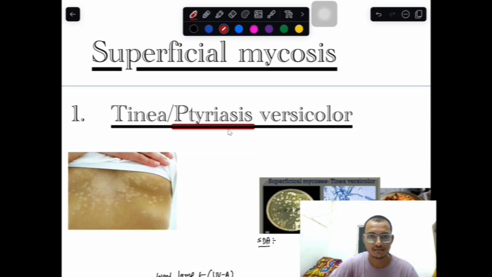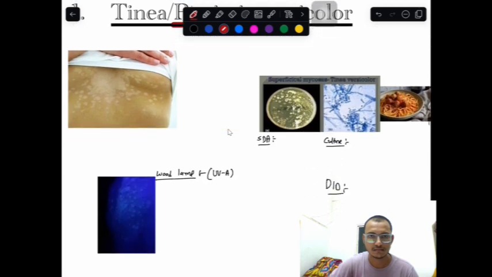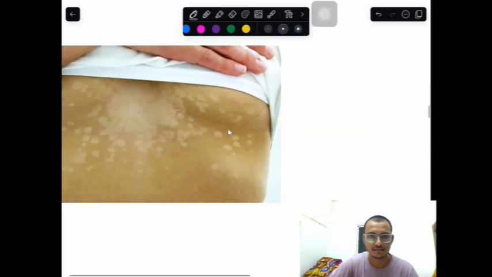Our first topic is tinea or pityriasis versicolor. Okay, now I will show some images. What you are looking at, you can see some hypopigmented patches, right?